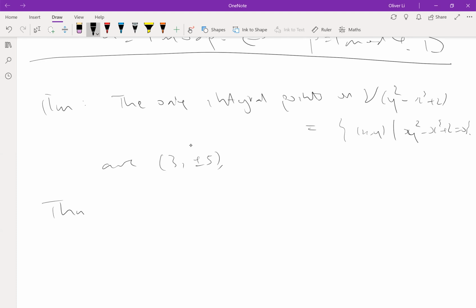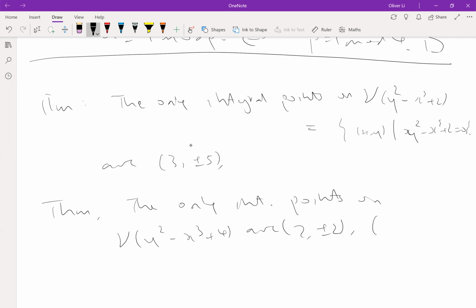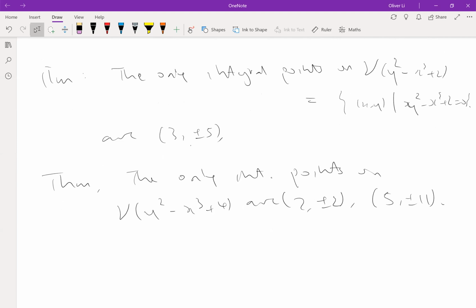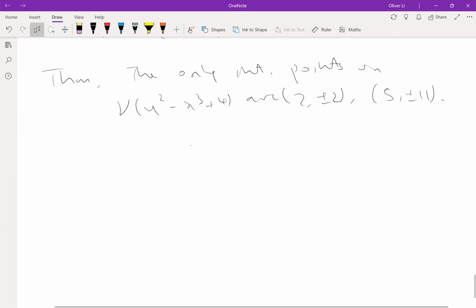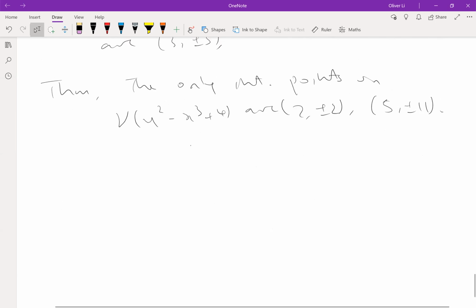And theorem: the only integral points on this elliptic curve, y squared minus x cubed plus 4, are (2, plus or minus 2) and (5, plus or minus 11). The details are in the link which I've given, and there's more discussion on these types of equations. They're called Mordell equations. And that's it for me.